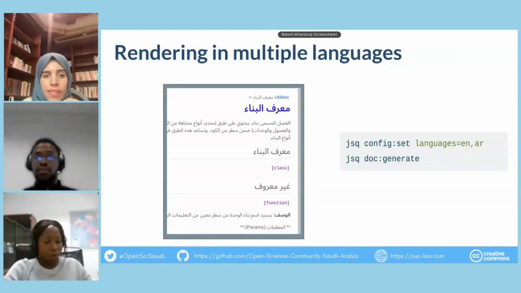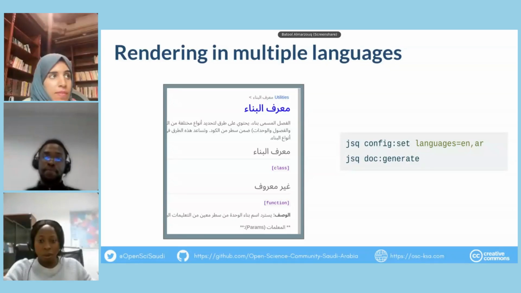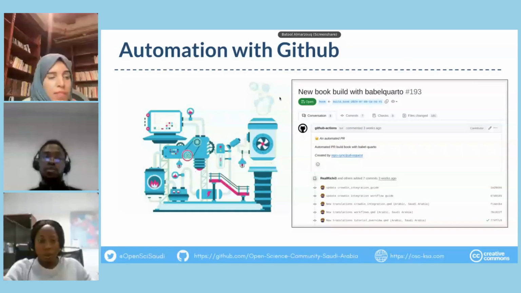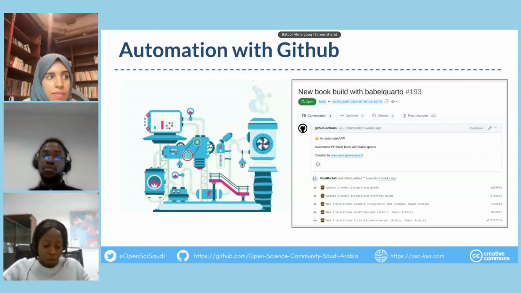If it's English, Arabic, Hebrew, or whatever, you just specify the shortcode for it and your documentation will be generated. We also support other integrations with GitHub. GitHub helps with automating the whole process of generating documentation, synchronizing with Crowdin, and getting your generated documentation. And I think that's about it.